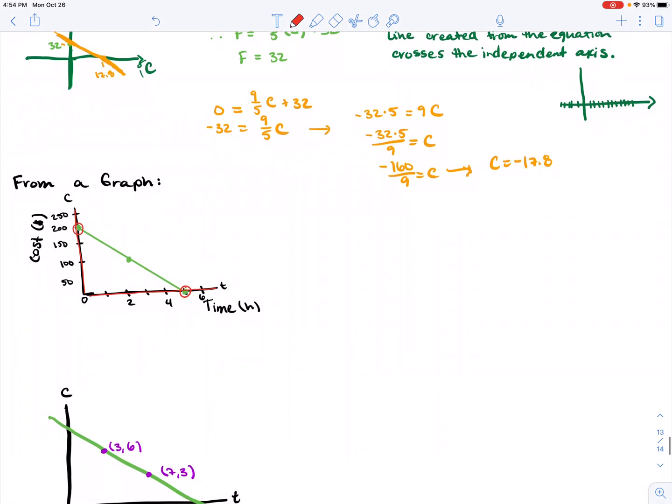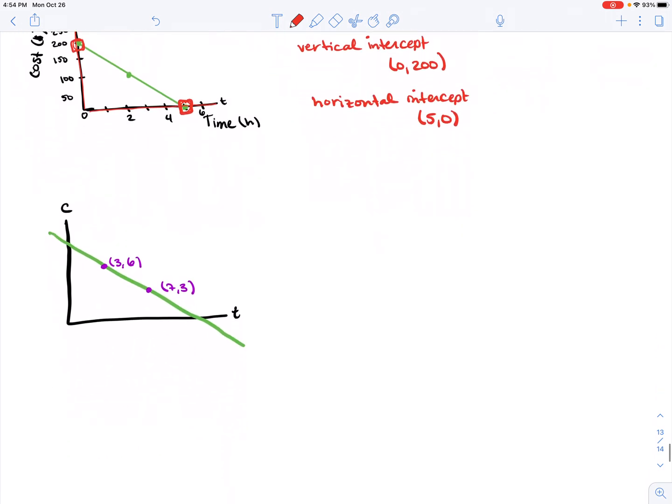I just have to look at my graph, and I can see that my vertical intercept is touching here at this point, and that point is 0, 200. And then my horizontal intercept is touching down here at 5 and 0. This is the easiest one because we can easily see visually from the graph where the intercepts are.